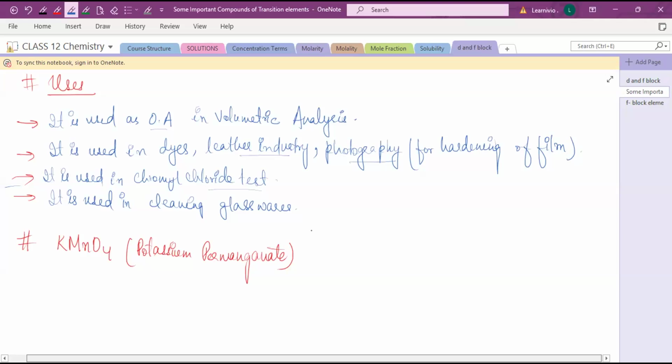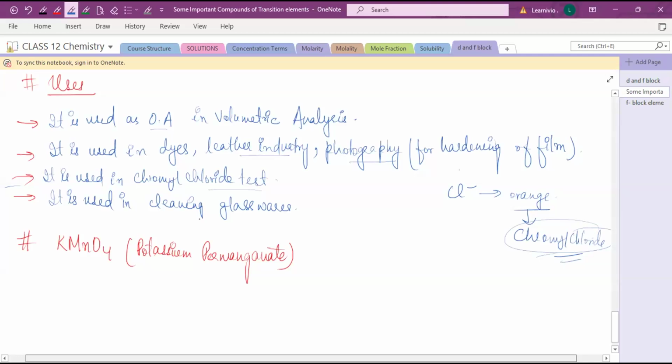So if the chloride ion is present, you will see fumes of orangish red color, which are the fumes of chromyl chloride. Then you can say the test is positive and the chloride ion is present in that compound. So potassium dichromate is used in the chromyl chloride test to detect the presence of chloride ion in any sample.